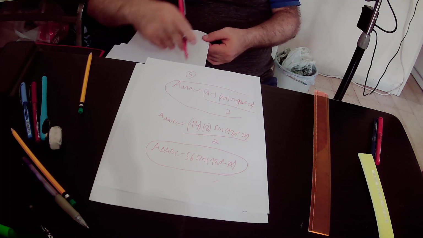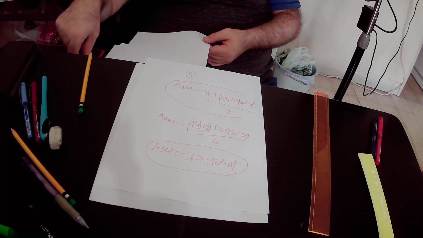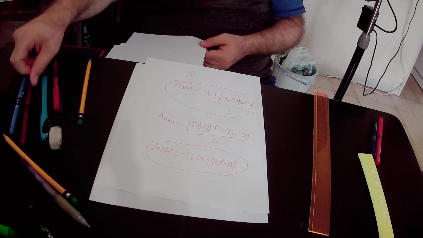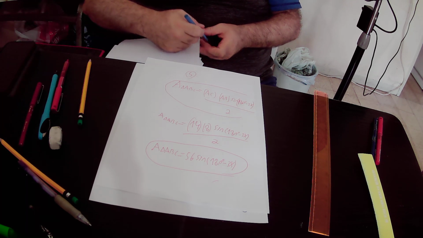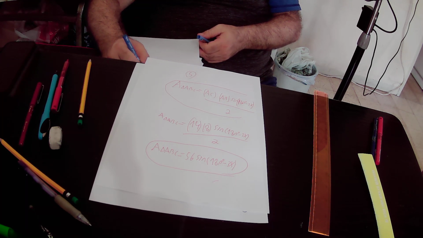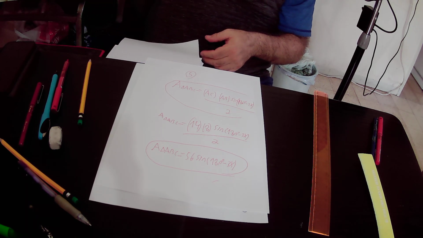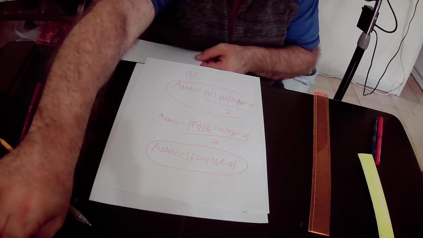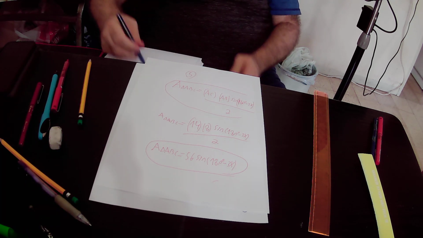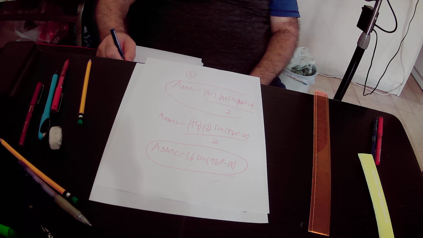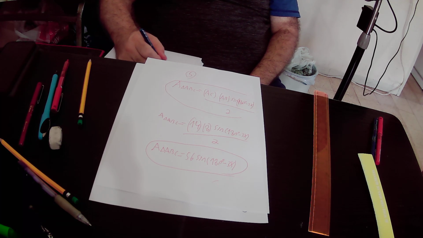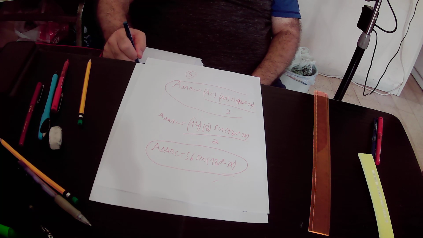Actually, we have a trigonometric identity that states that sine of 180 degrees minus alpha equals sine alpha.